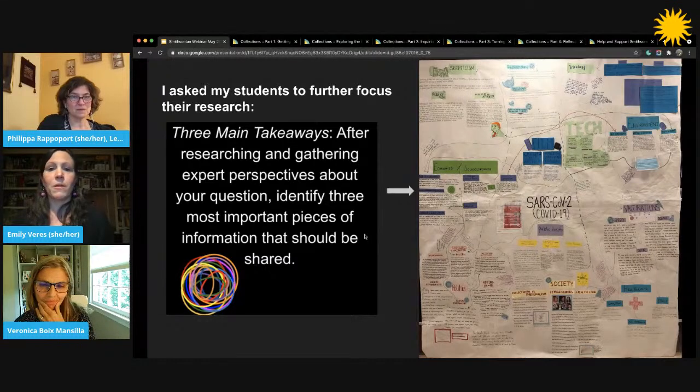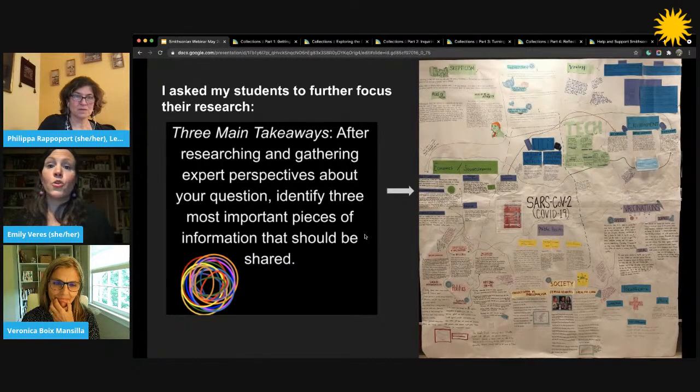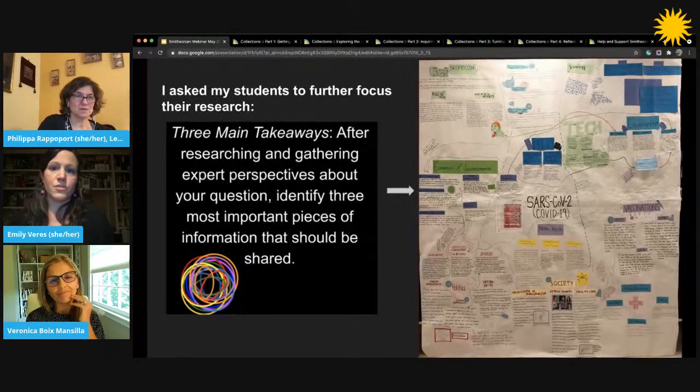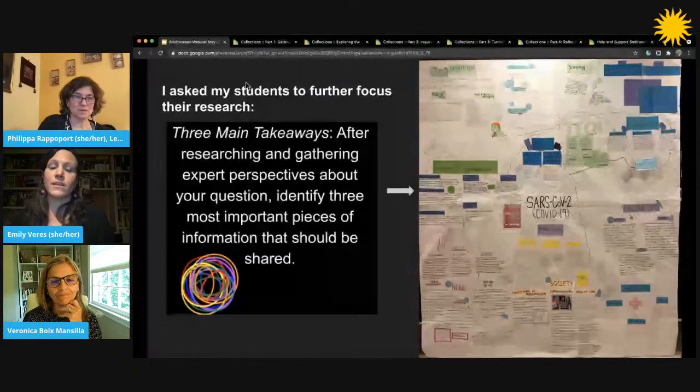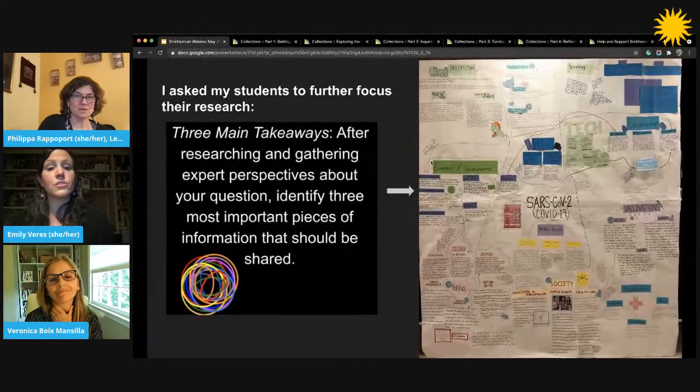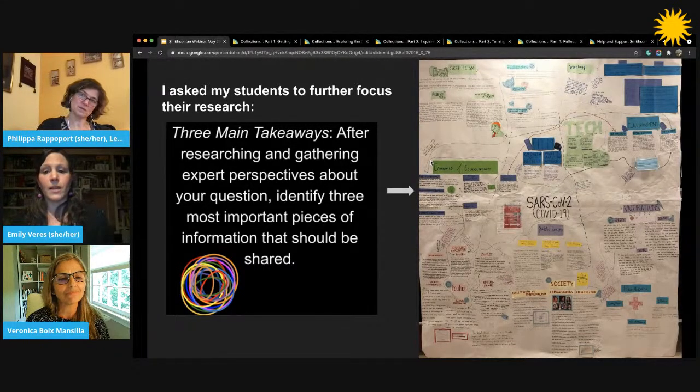If you're mapping voting rights, or if you're mapping climate change, there are just an innumerable amount of issues that you could bring up. So I asked them to fine tune it and select just 3 takeaways after doing their research and gathering their expert perspectives about what should be shared with our school community.